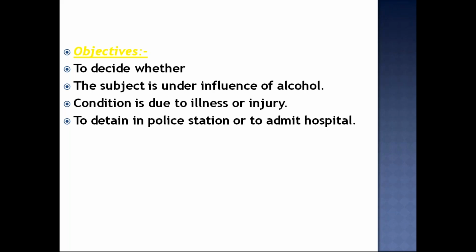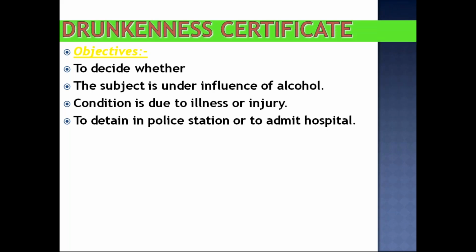Number two, whether the condition is due to illness or injury. Sometimes a head injury can cause drowsiness. He can be swaying. He can be incoherent. So we have to know whether it is because of alcohol or because of injury. And number three is whether he can be kept in a police station or should be treated in the hospital. So these are the things which a medical officer should keep in mind while writing the drunkenness certificate.